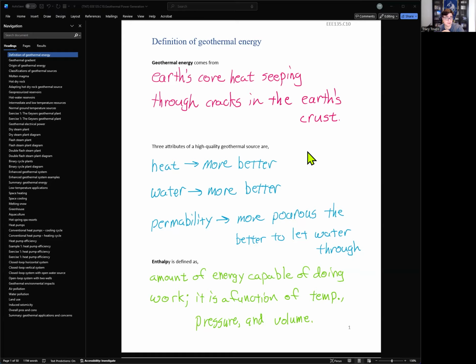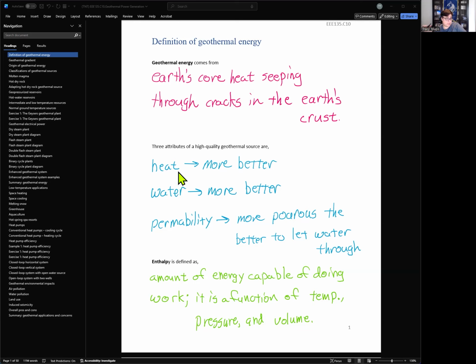And there's different ways we can harness that type of energy. Okay, so what are three attributes that make a high quality geothermal source? First one is heat, right? The more the heat, more is better, right? The higher the temperature, the more we could extract the energy to make electric energy or heat the homes and houses and other things.